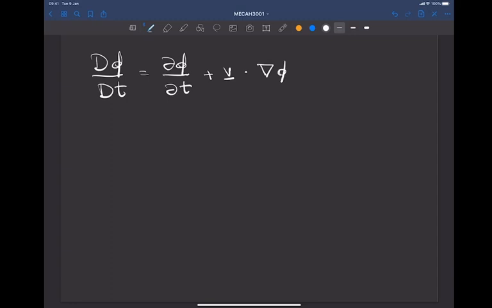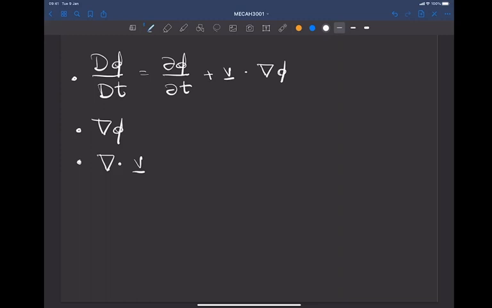So you see that you have a very compact representation now of the material derivative. Now let's go, so we have introduced basically the material derivative, the gradient of phi, the divergence of a vector, so the velocity vector, and the partial derivative, which is also already here.